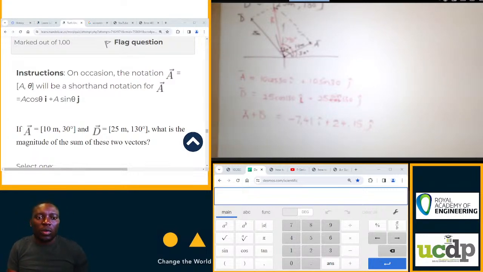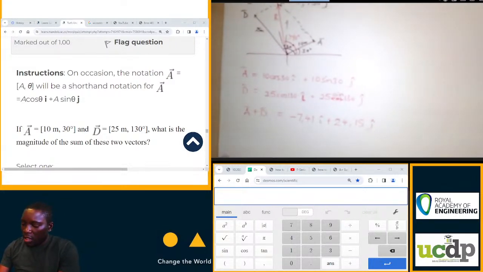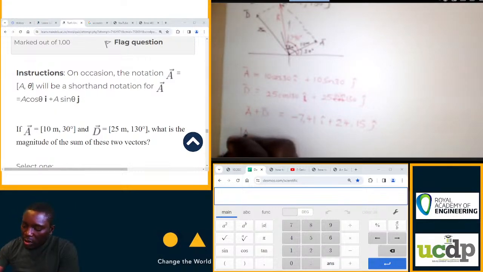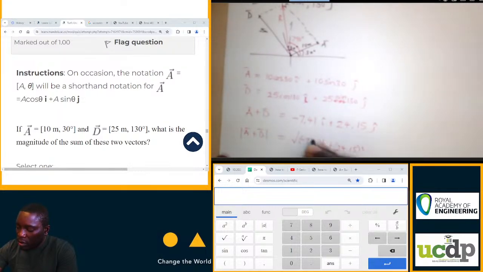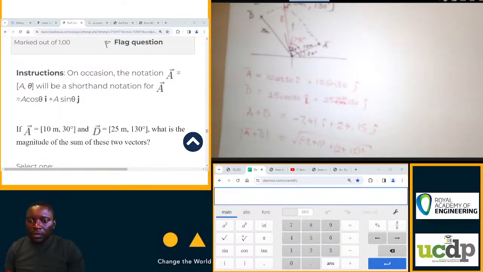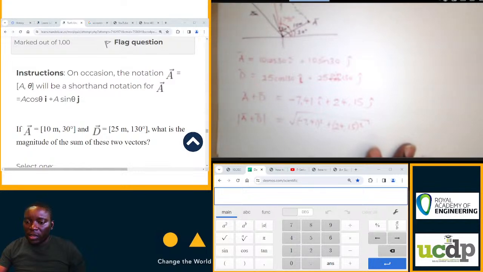So these are the two components for the sum of the vectors. Right, so the magnitude therefore will be equal to the square root of minus 7.41 squared plus 24.15 squared. That would be for the magnitude.